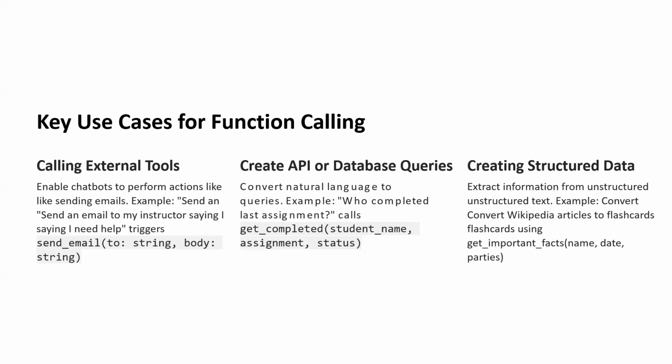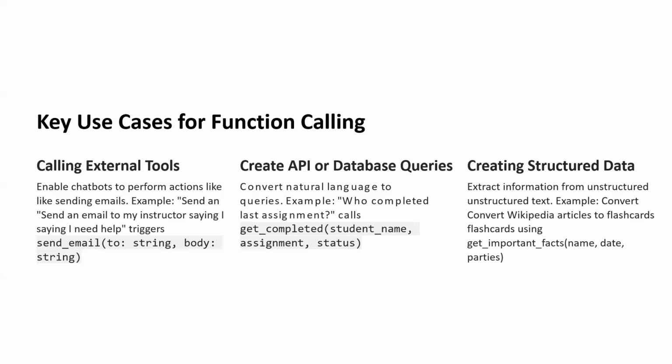Now, this is another aspect. What this means is that if we have a database of student information, class grades, and all those other things, right? If we have a database full of students in a school, and we want to get information from that database, by designing the right function, we can use that to call and query that database to get the student name, the assignment, and the status.